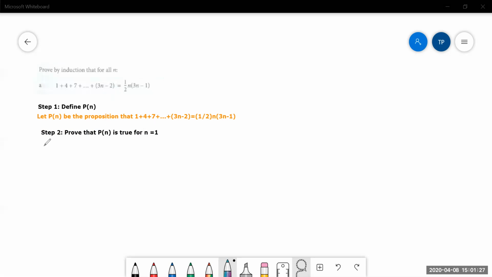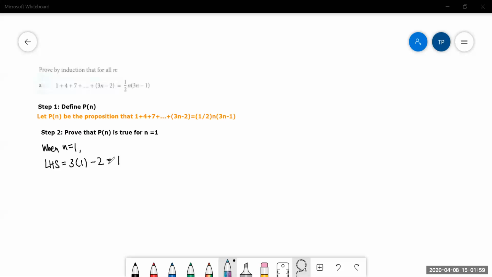Okay, so before we even write this, we have to state, when n is equal to 1, left hand side is equal to 3 times 1 minus 2, which is 3 minus 2, which is 1.